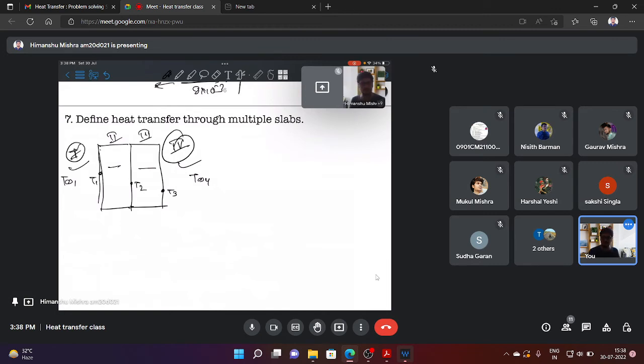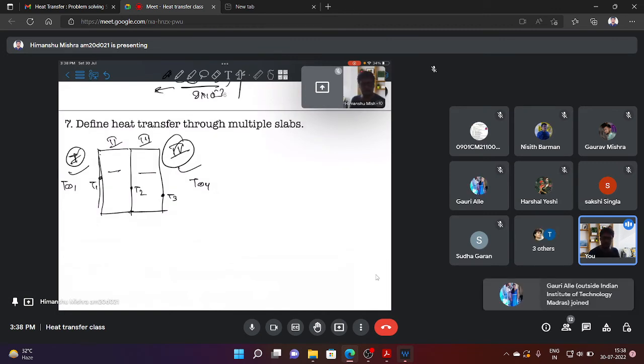Just like before, we need to write the resistance functions for this system to simplify the problem. It is always beneficial to write the resistance functions first before solving the heat transfer problem.